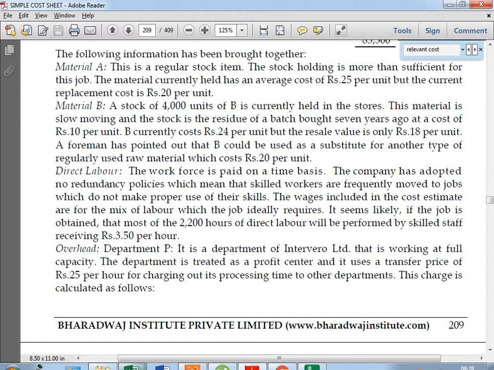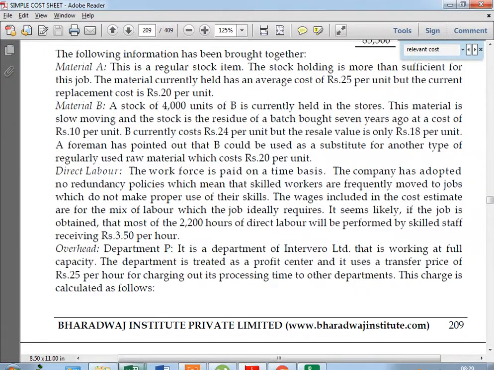Full stop. The company would like to save rupees 20, and by using material B in this contract, it loses this opportunity.